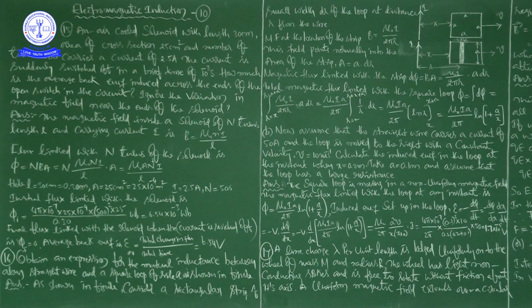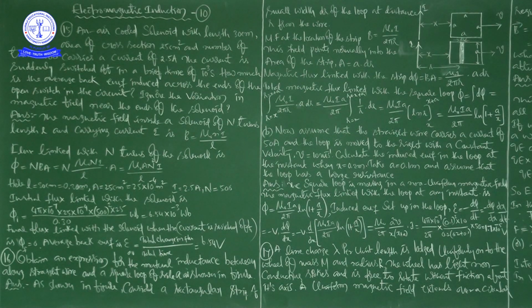First we are discussing A. So, we are going to calculate the mutual inductance between a long straight wire and a square loop of side small a. Observe carefully and see the picture I drew, based on that you can get a conclusion.